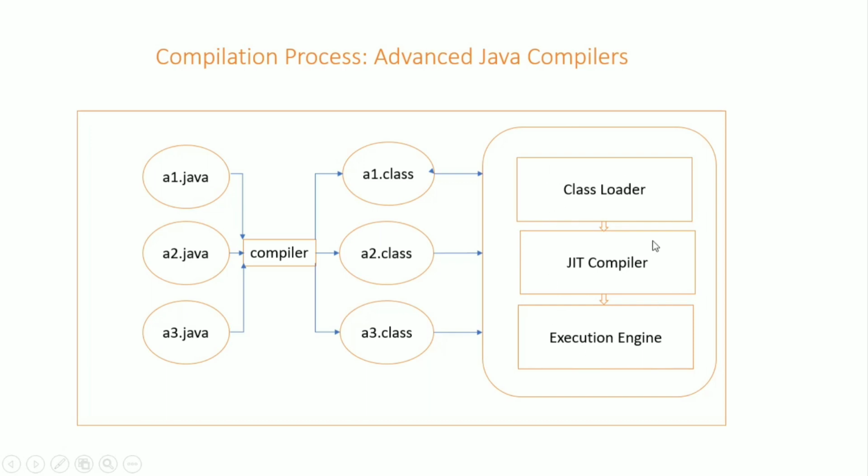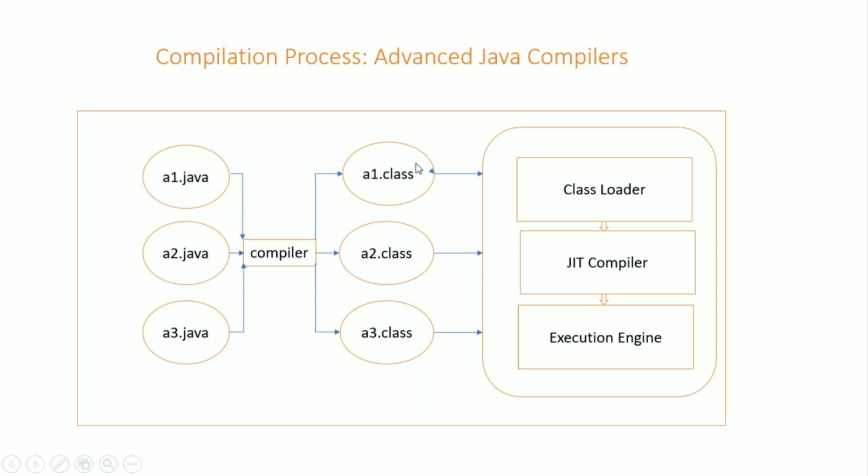So Wintel as a platform has its own version of the JVM, PowerMac as a platform has its own version of the JVM, and so on. All platforms have their own version of the JVM.